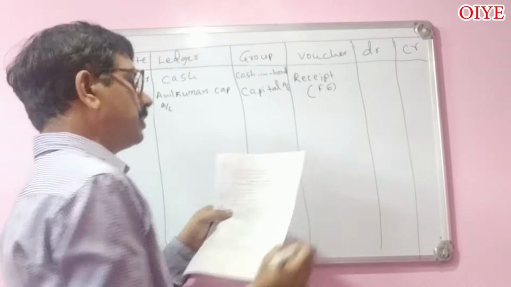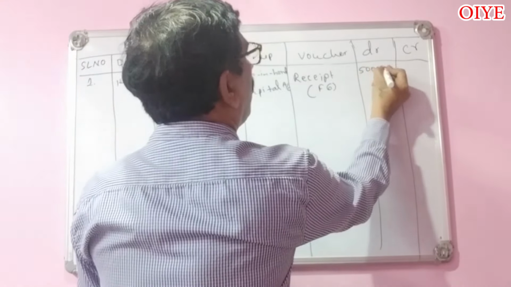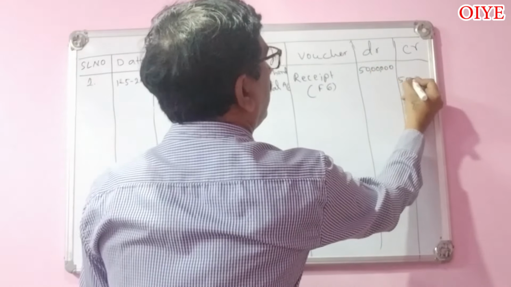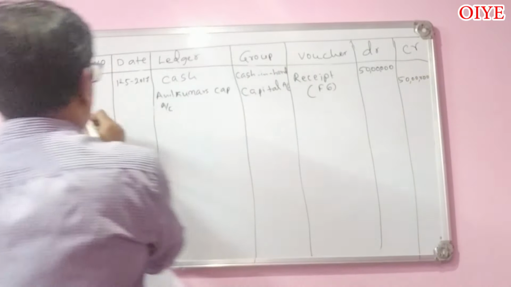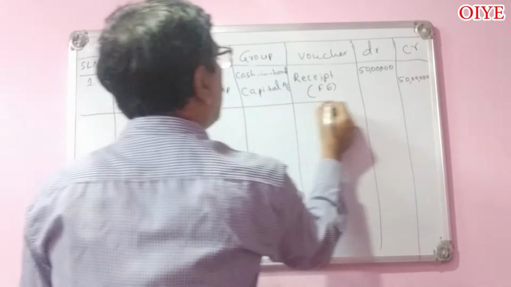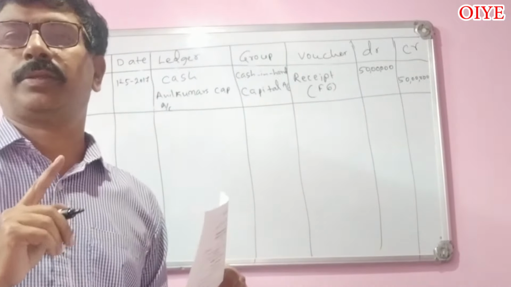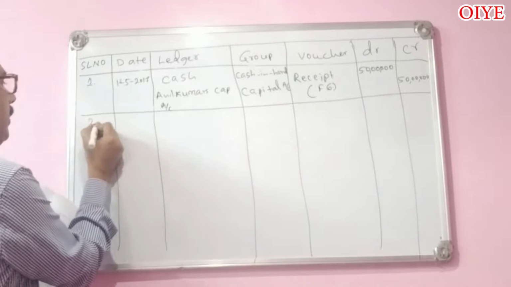And for the cash, 50 lakhs debit, and for the Anil Kumar, 50 lakhs credit. So the one entry is over. And this one entry carries 1.5 marks. Totally 15 marks.